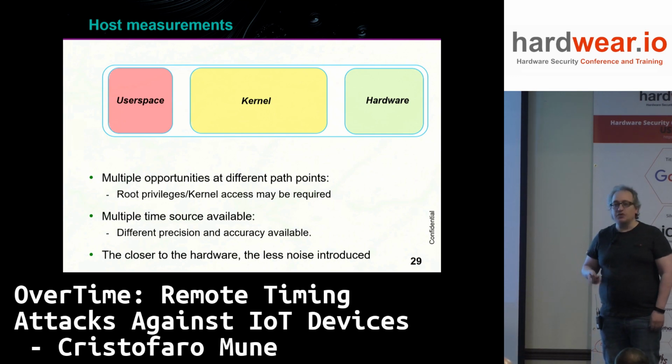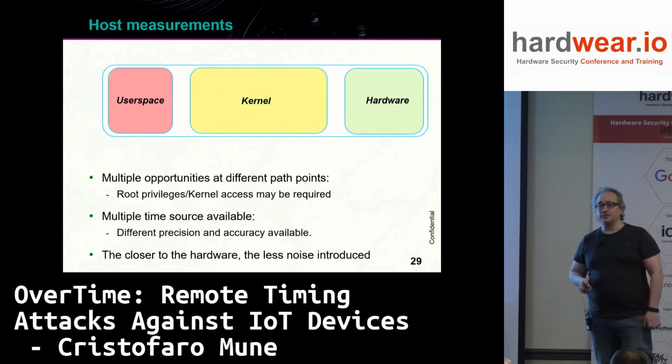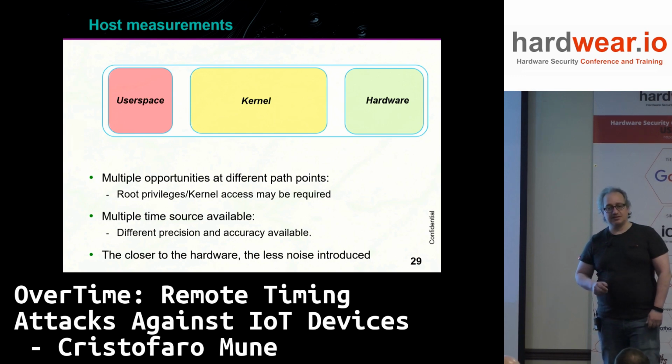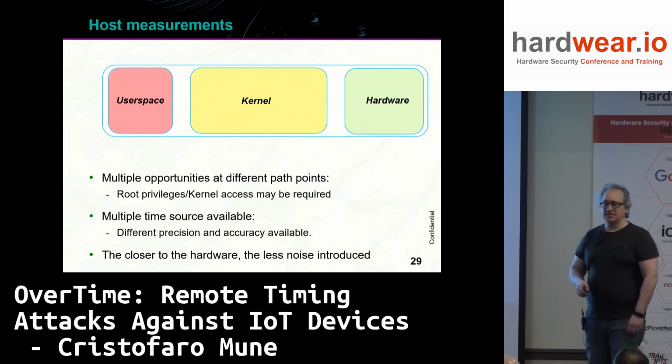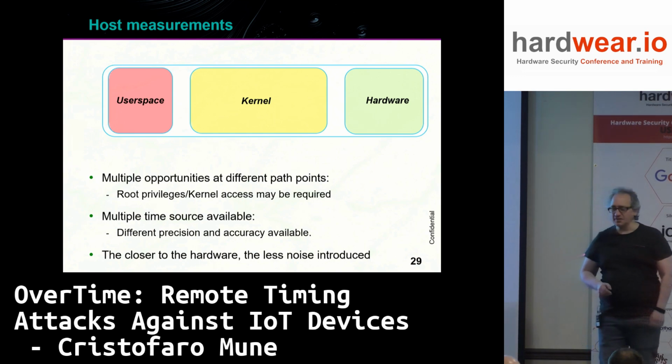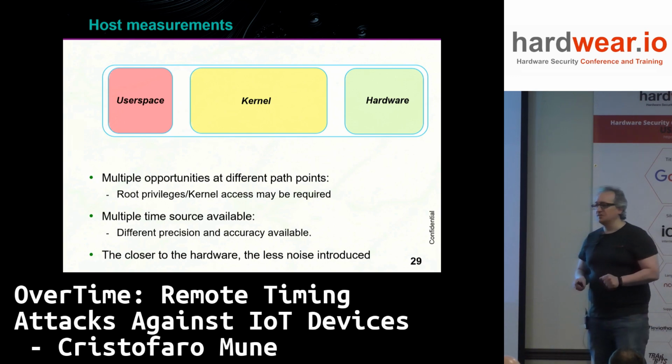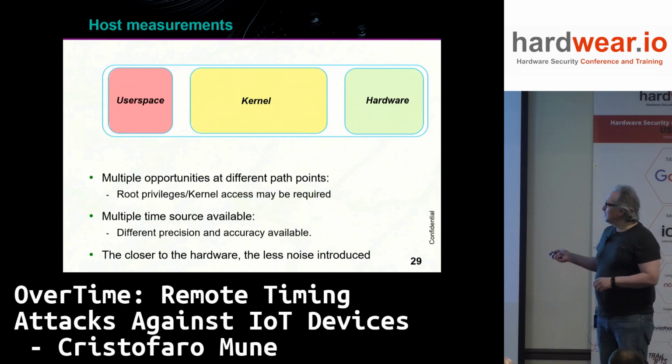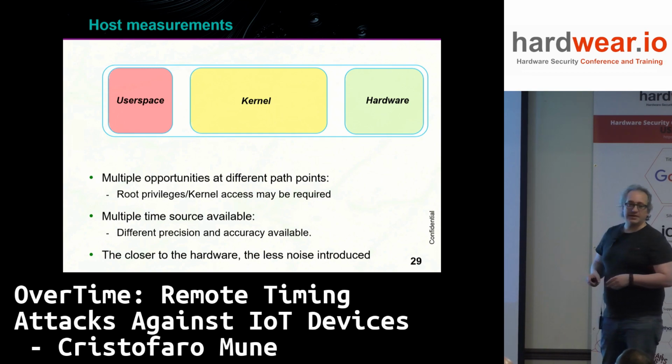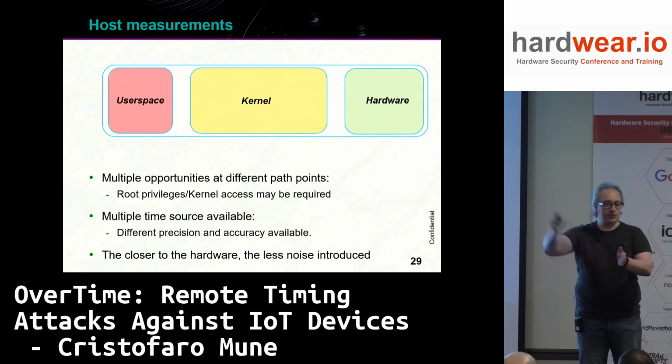Keep in mind that your network card, at least the one I have, which is an Intel E1000E, has a network clock at 24 MHz. I think I can overclock that to 96. I still need to find a way. I'm looking into some register, but I think I can do that. While here you have a CPU clock at 4 GHz, which is a completely different precision. The point is the amount of noise that you introduce makes your measurement go to the moon and back.